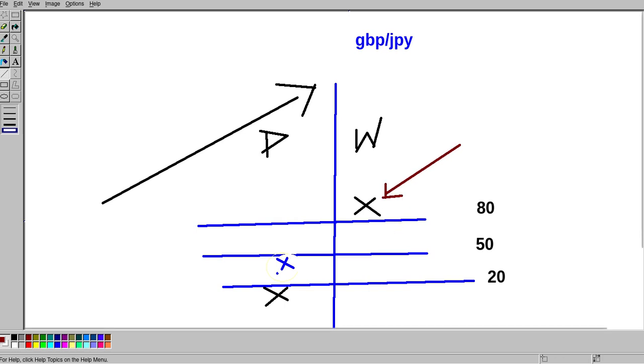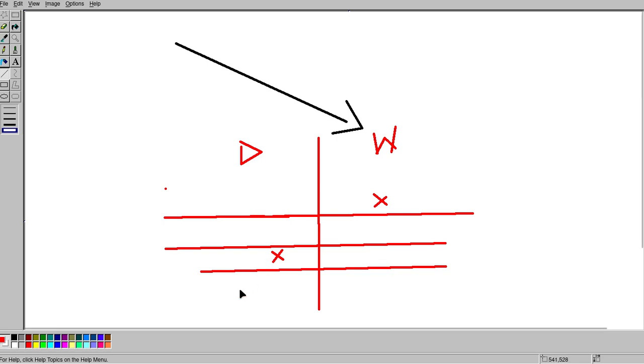This is a weekly. Let's change the color. This is a weekly reversal.